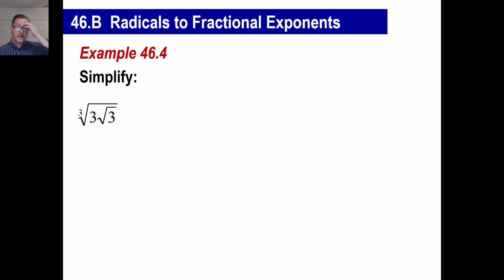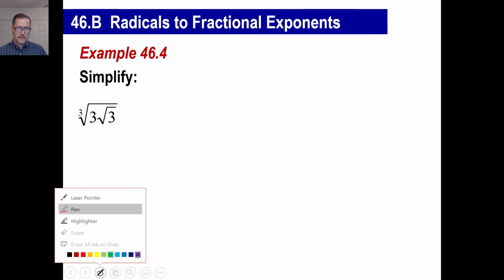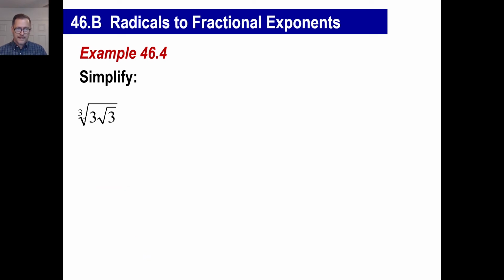Let's do another one. Here's another one. It looks kind of similar. Copy it and let's pick it apart. Our method needs to be: forget all this glop out here. Forget the radical. Only go with the stuff under the radical.